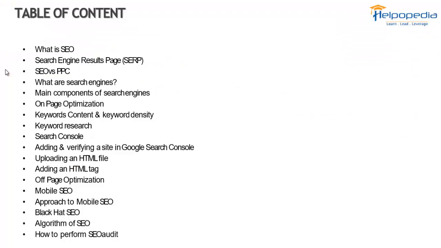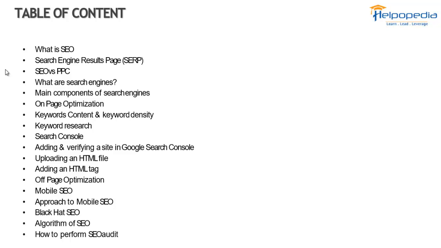Now in this, what we'll be learning is what is search engine optimization, then search engine results page, what is the difference between search engine optimization and pay per click, then what exactly are search engines, then what are the main components of search engines, then on page optimization, off page optimization, keywords research, keywords content and density, then search console, we have a separate module.